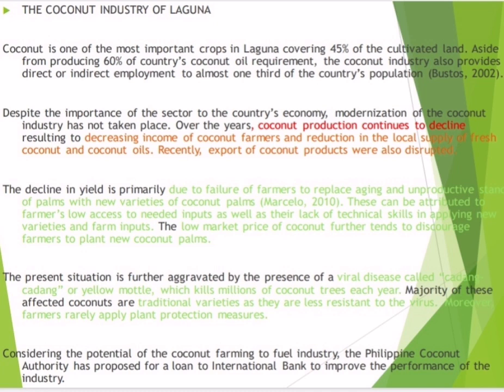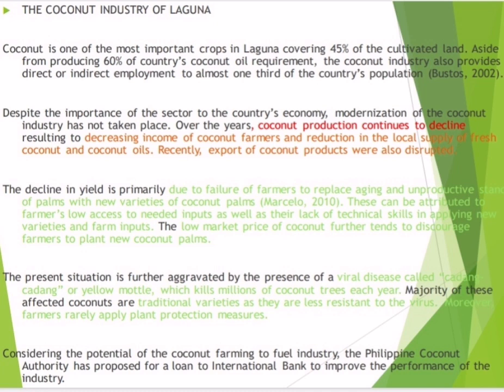So, in the fourth paragraph, we can read that, considering the potential of coconut farming to fuel industry, the Philippine Coconut Authority has proposed a loan from an international bank to improve the performance of the industry.